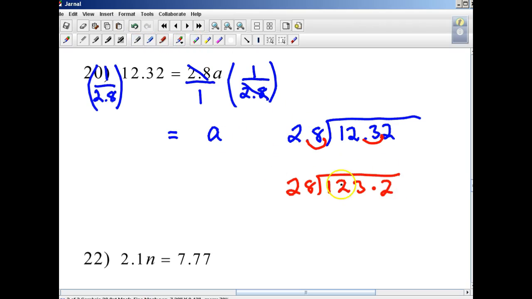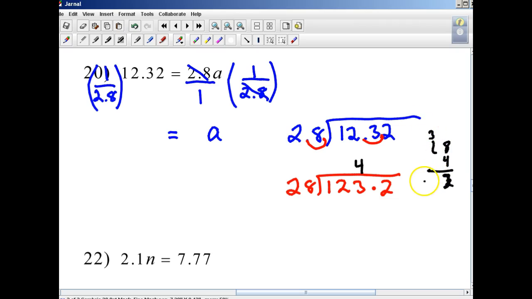And from here, it's the normal steps. How many times does 28 go into 12? It doesn't. How many times does 28 go into 123? I think it's about 4 times. Right? And you multiply, well, what's 28 times 4? You have to go off to the side sometimes, figure that out. So we got 32, that's a 2, that's a 3. 2 times 4 is 8.